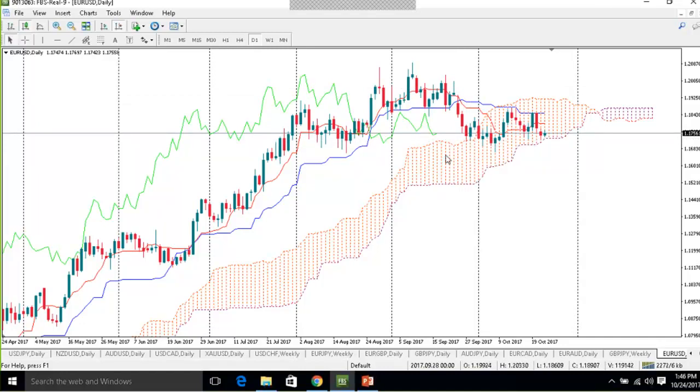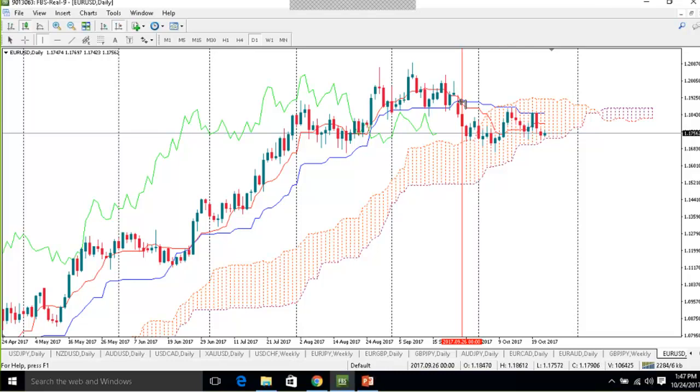If traders are more conservative, they wait for more confirmation. They make sure that this green line also produced some signal that it went below the price chart, and you can see that at this point I'll mark it with vertical lines.